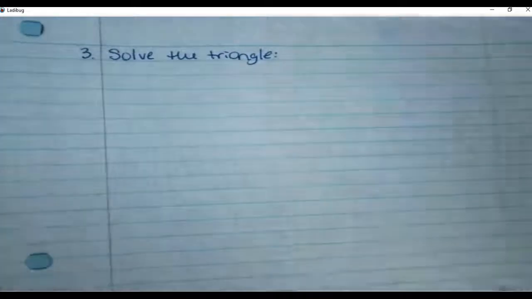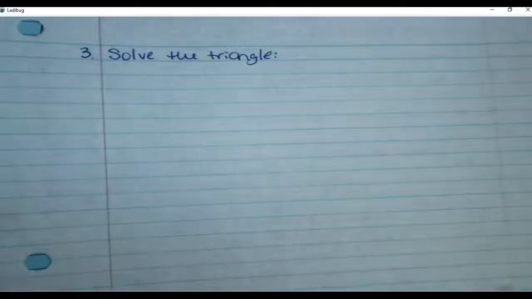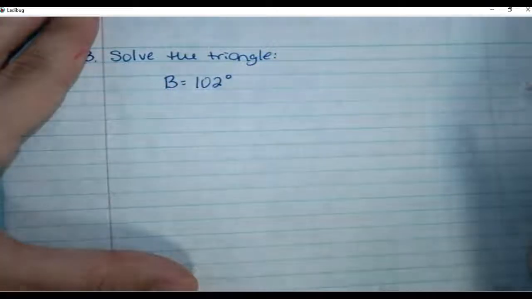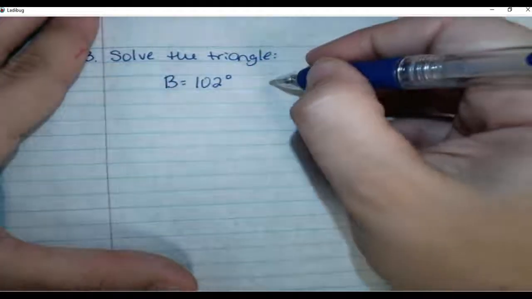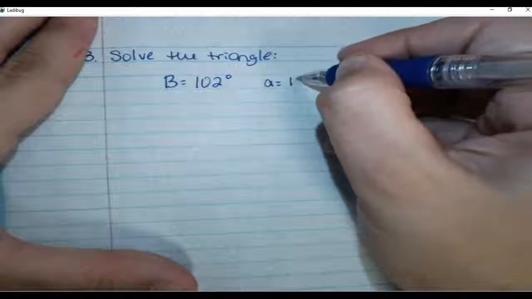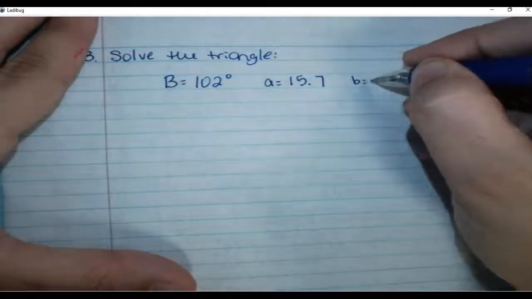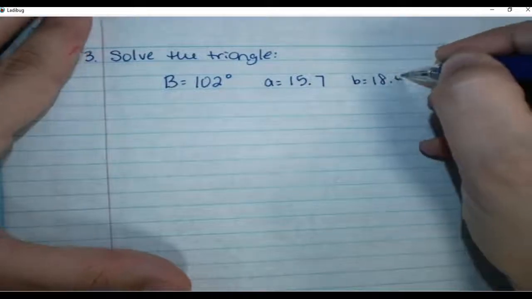Good. So we want to find all of the angles and all of the sides. And let's say it tells me that big B is 102, little a is 15.7, and little b is 18.4.